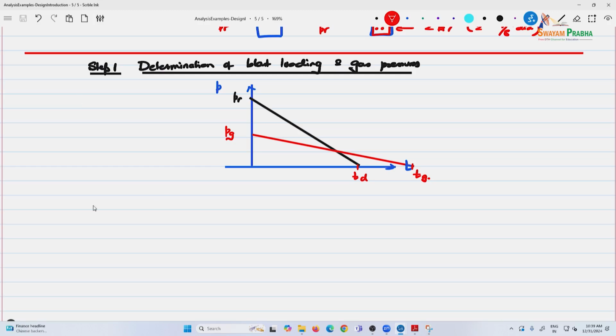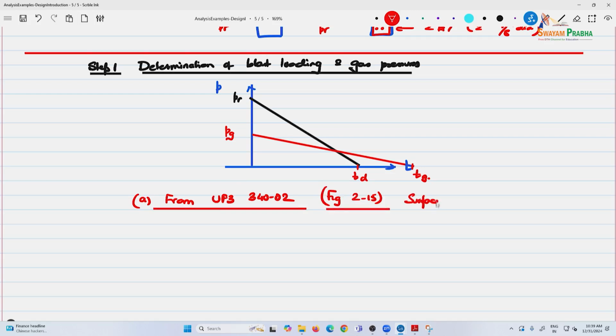So again, we'll start from the UFC 3-340-02. We go with figure 2-15, this is surface blast. You get W is 5 pounds, R will be now 15 feet, the height of the roof.